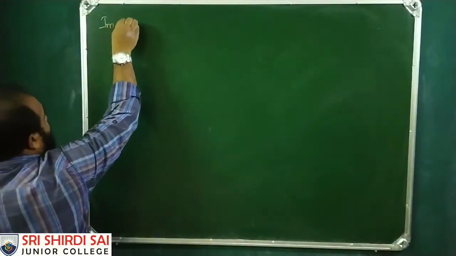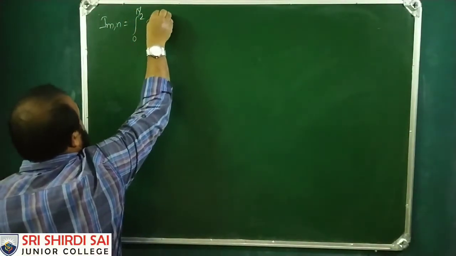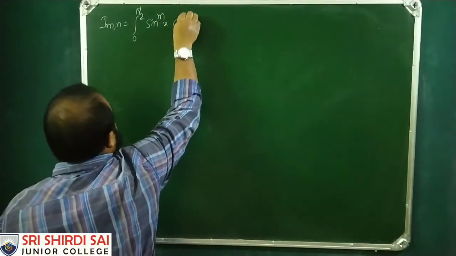I m,n is equal to integral 0 to pi by 2 sine power mx into cos power nx dx.